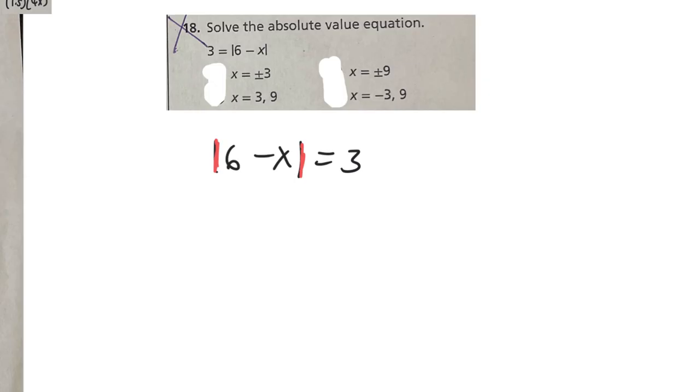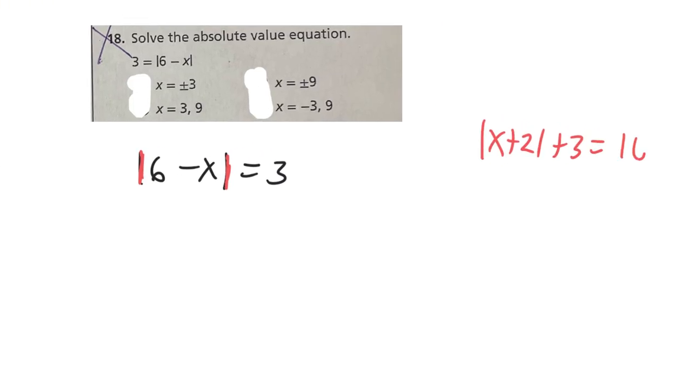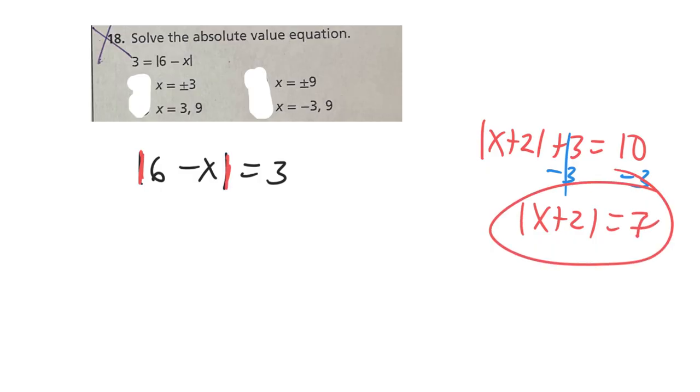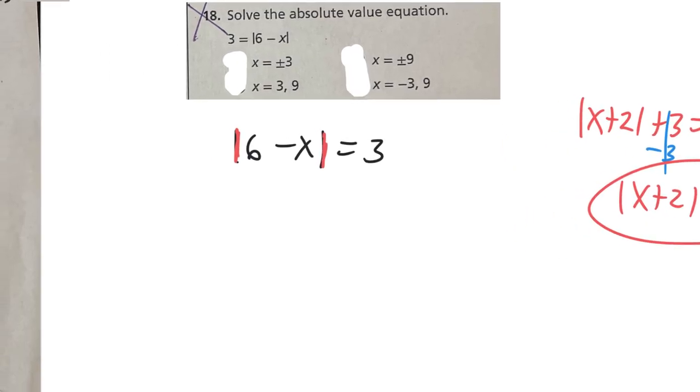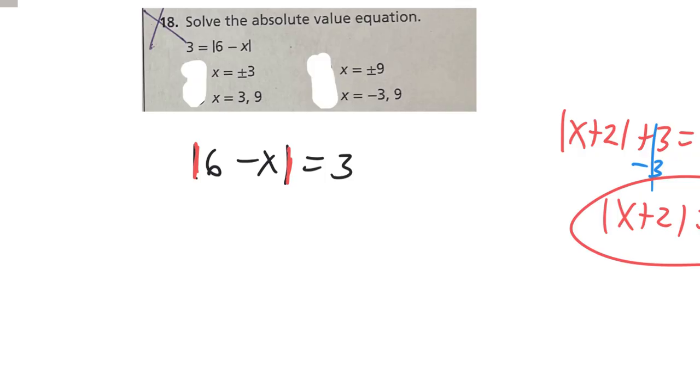Now, you might be noticing this is already by itself. So we don't have to worry about that step. However, if we were dealing with this, well, we would have to subtract the 3 from both sides first as step number 1, and then we would have that. So we don't have to worry about that.